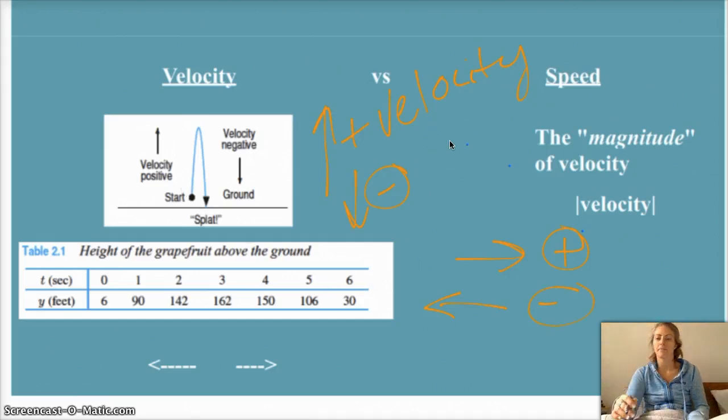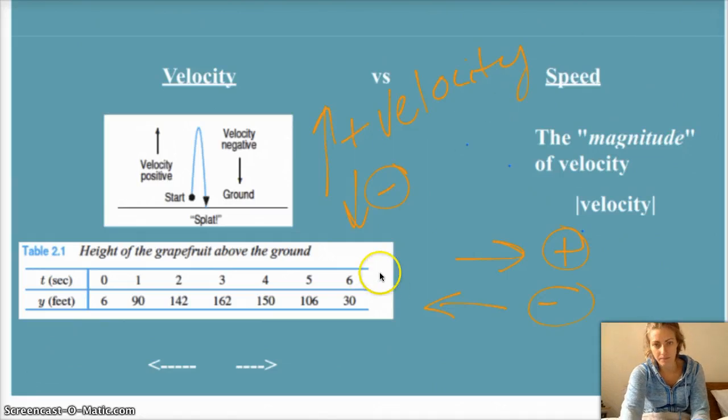So if there's a ball going up in the air and then back down, and in a particular moment its velocity is positive 2 meters per second, that would be in the positive y direction going up, and then negative would be coming back down.